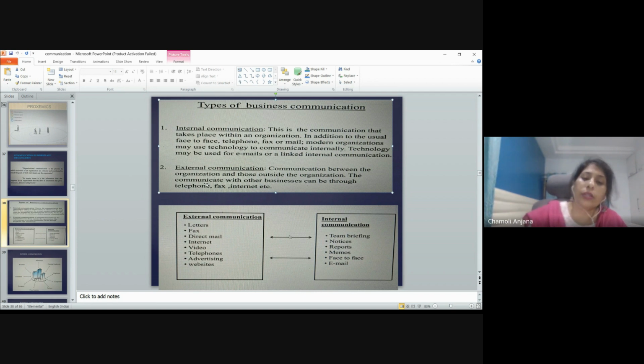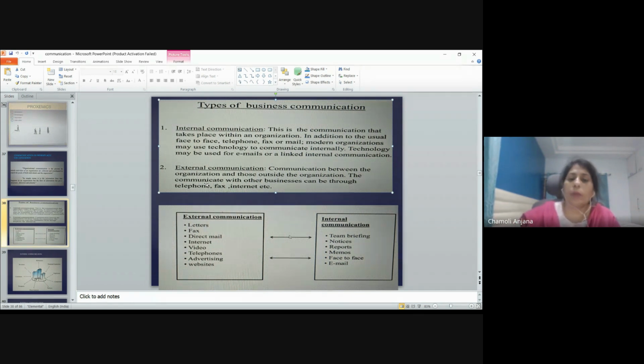Then you have external communication. External communication is the communication that takes place between the organization and outside parties. An organization does not work in isolation or in a vacuum. It works in the presence of other factors external to the organization.